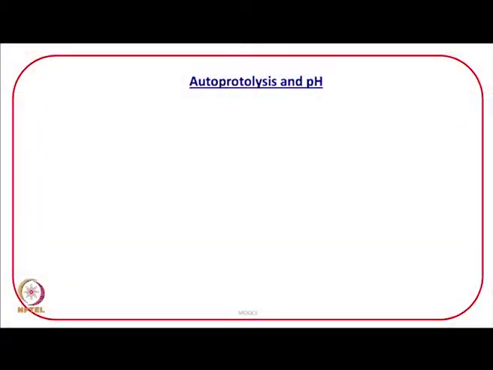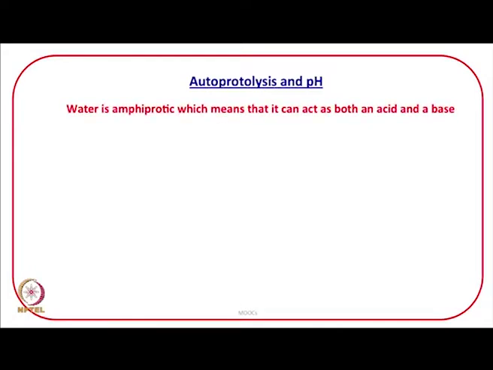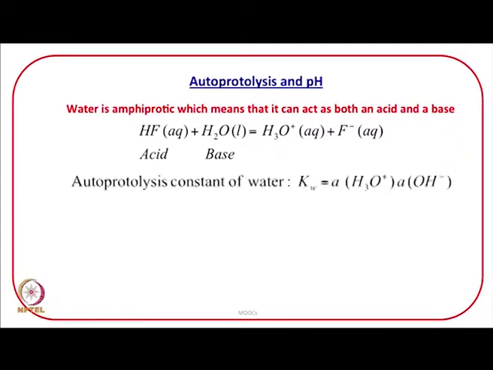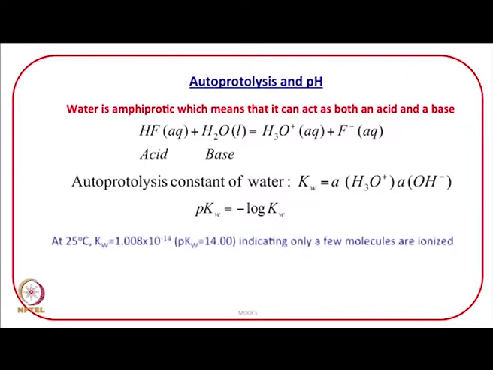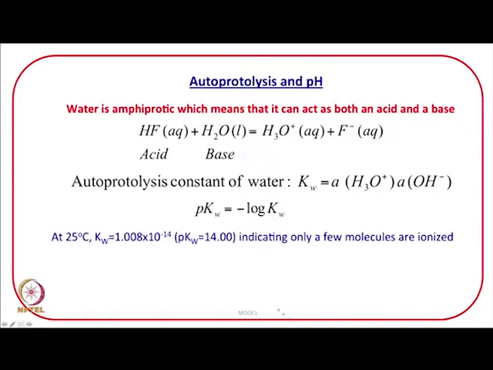In autoprotolysis of water, we discussed the amphiprotic nature of water, that is, water can act as both an acid and a base. We also introduced the autoprotolysis constant of water and discussed that pKw for water at 25 degrees centigrade is 14.